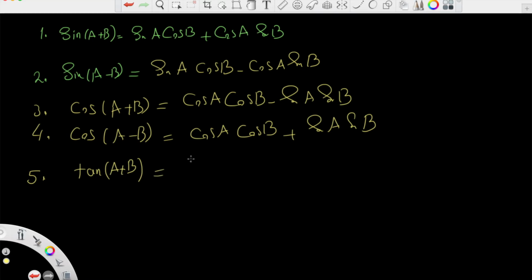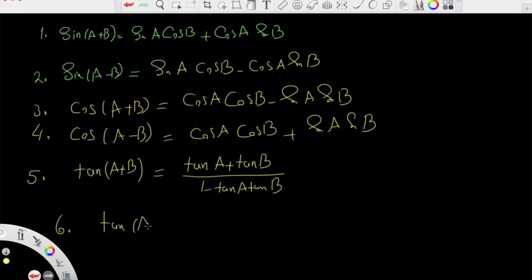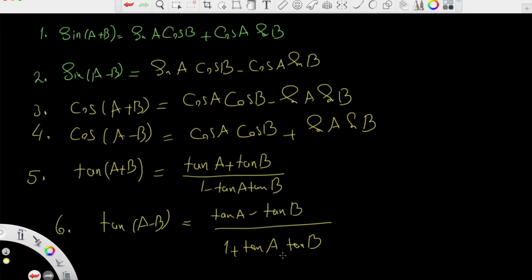Then you will obtain this formula: tan of A plus tan of B over 1 minus tan of A tan of B, and the sixth one, tan of A minus B will be tan of A minus tan of B over 1 plus tan of A tan of B. These are the six formulas you can use in order to expand these compound angles.